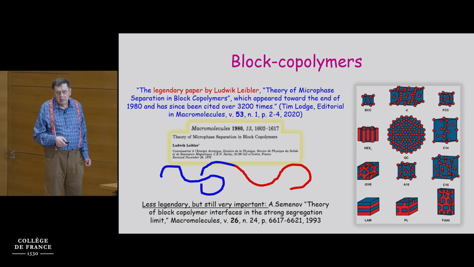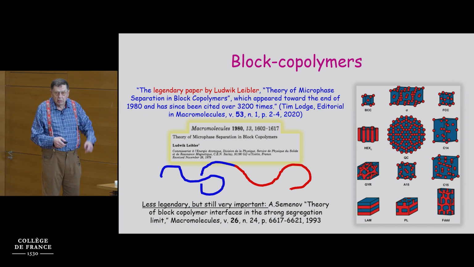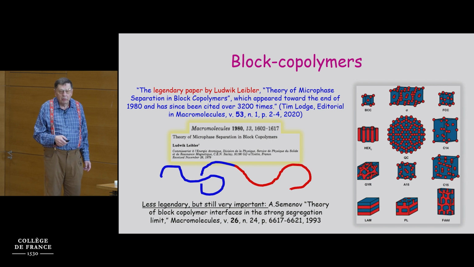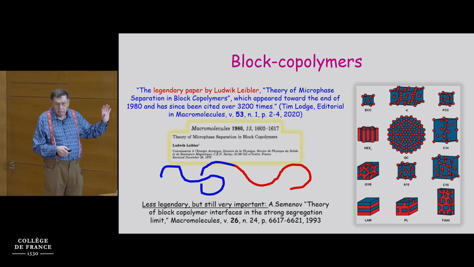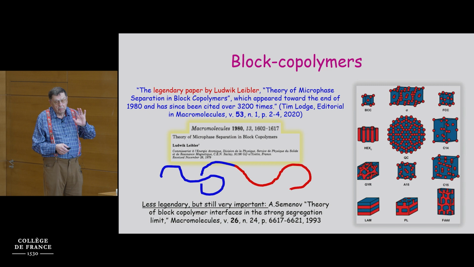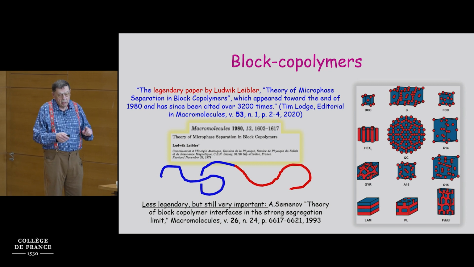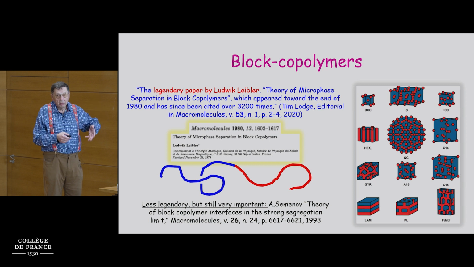But basically, you can obtain a very rich phase diagram even if your block copolymers are completely monodispersed, which means all blocks of blue are the same length and all blocks of red are the same. Blue and red are not the same length, but all blues in the system are the same.